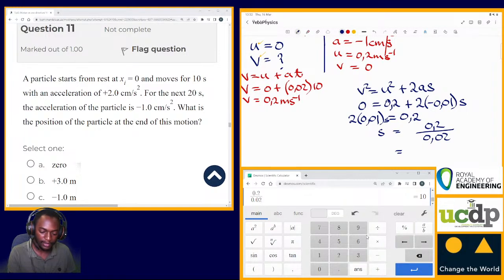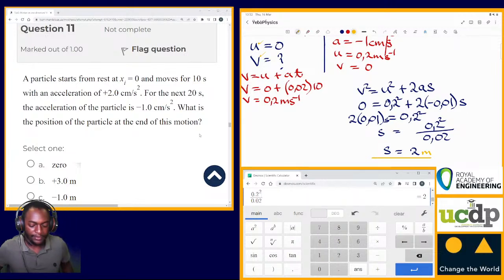It's u squared, that's 0.2 squared. So we get our s to be 2 meters. So we get our distance to be 2 meters.